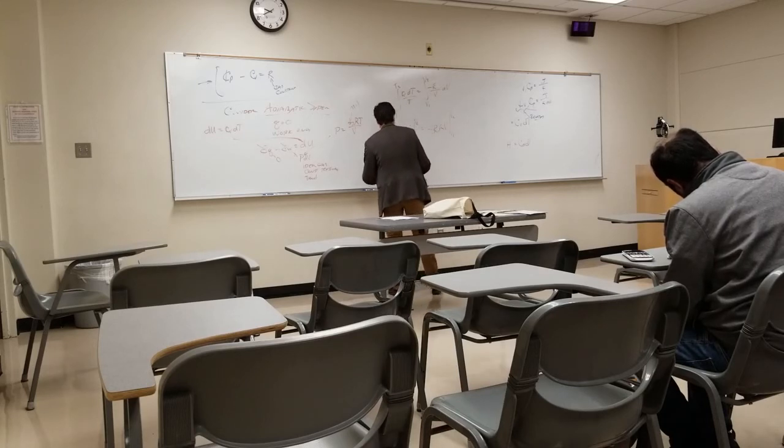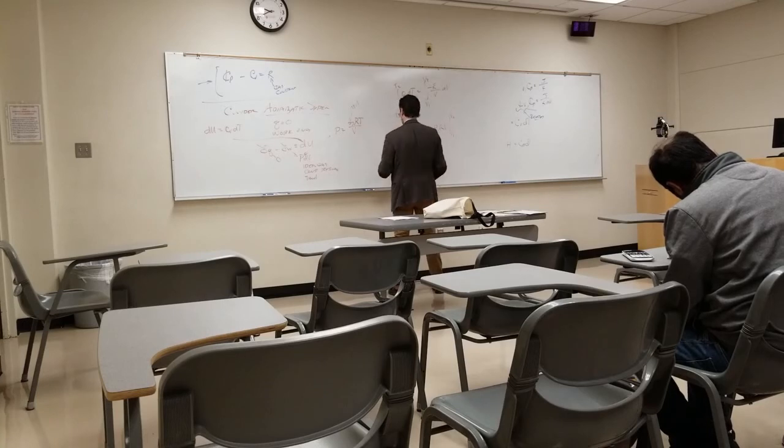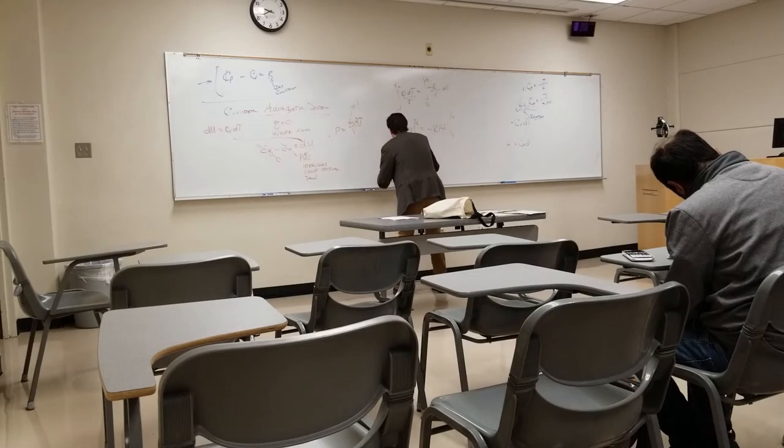Which then lets us have Cv natural log T2 over T1 equals R natural log V1 over V2.